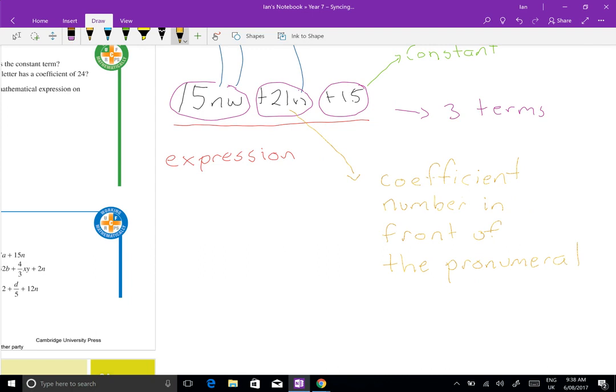We shouldn't use the word letter. So the coefficient of the N is 21. The coefficient of NW is 15. And we have to remember it's positive.